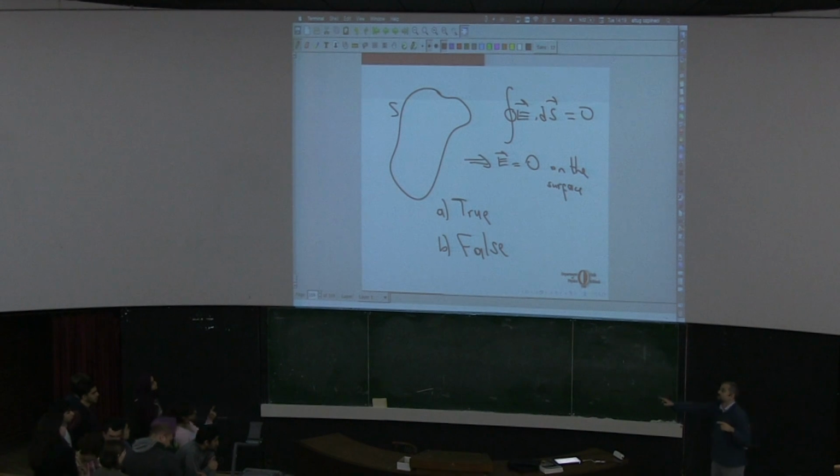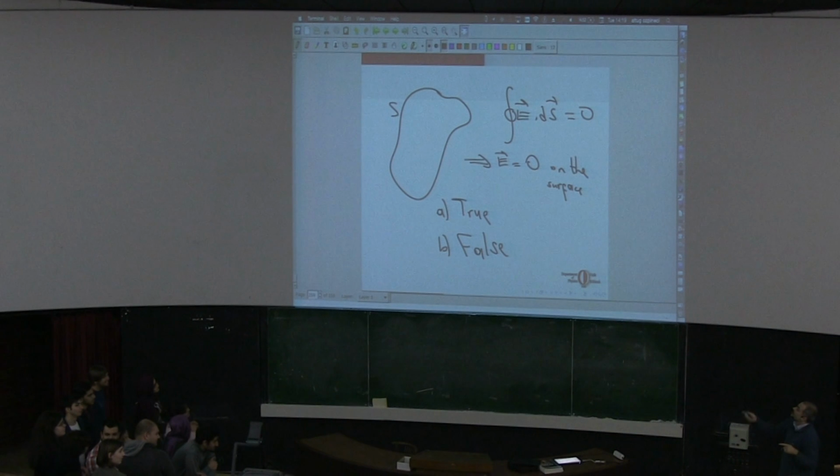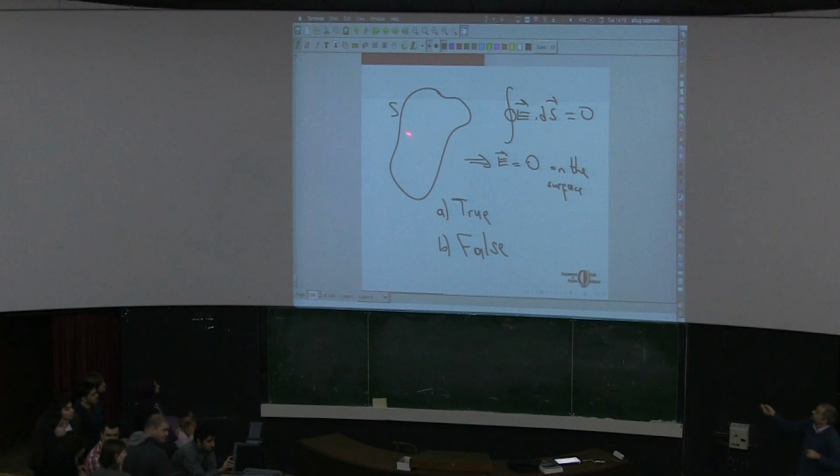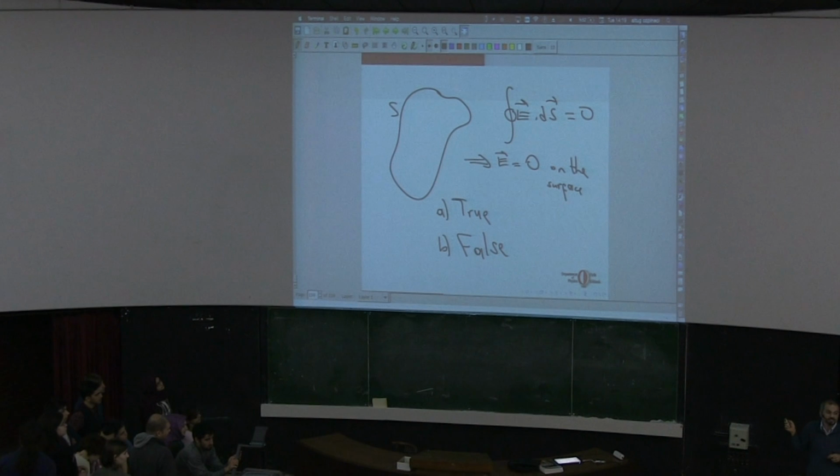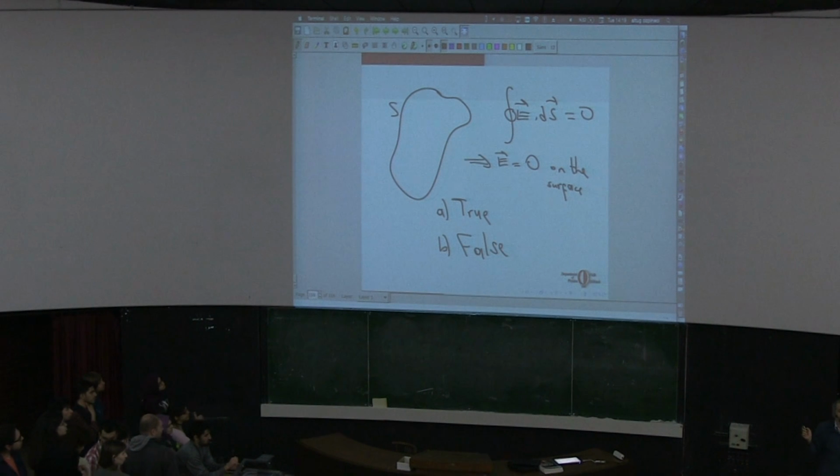So let me first translate it. Now, your friend is saying that, okay, even if we have charges outside this region, since the electric field lines created by those charges will enter and also leave, they will not contribute to this E dot ds. So just having E dot ds equal to 0 doesn't mean that we don't have any charges outside.